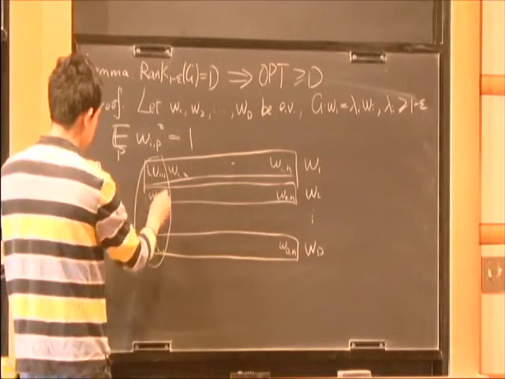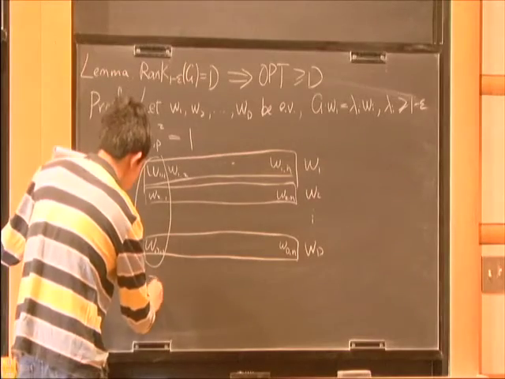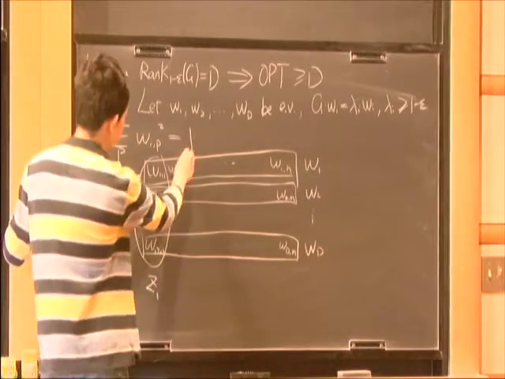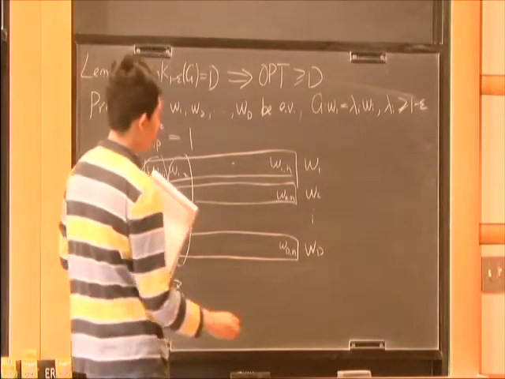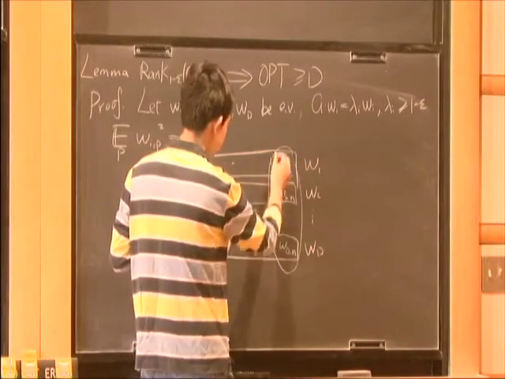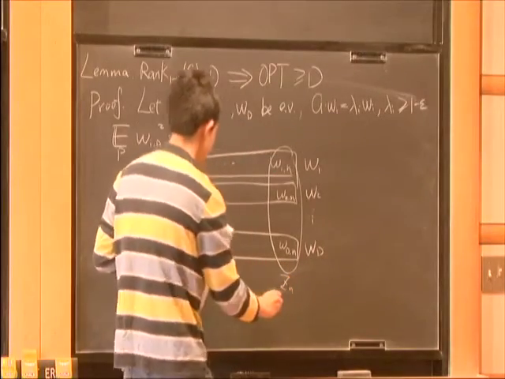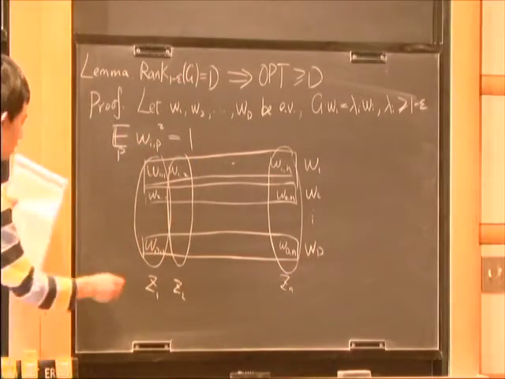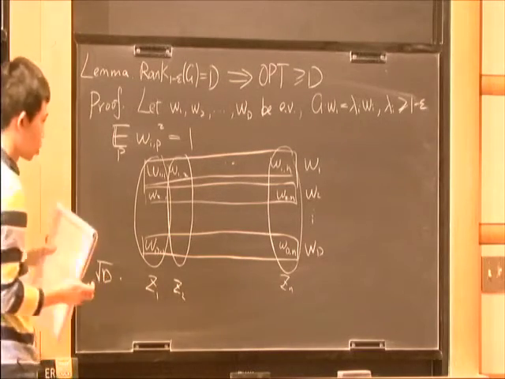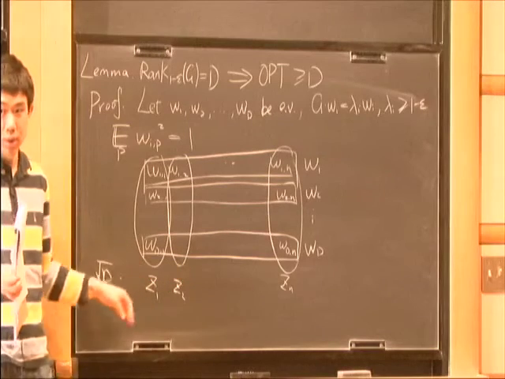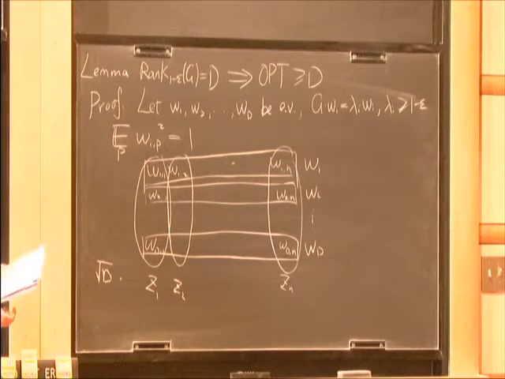So this vector is what we hope to be Z1, this vector is Z2, and finally, this vector is Zn. There's still a normalization factor, so these are actually square root d times the corresponding z vectors. And we claim that these z vectors satisfy all the three constraints.